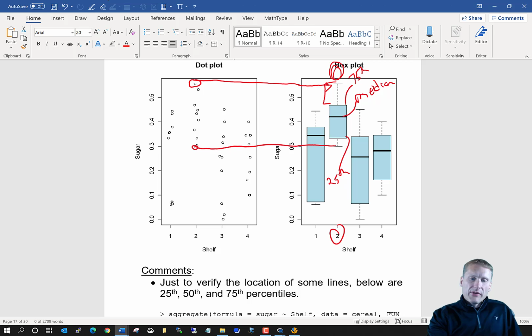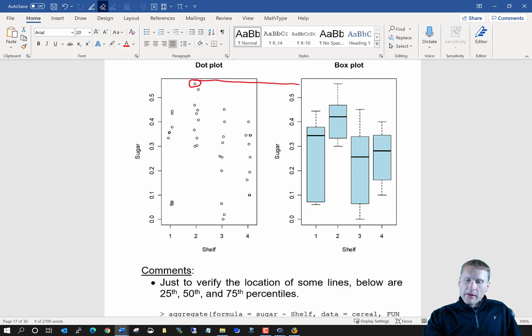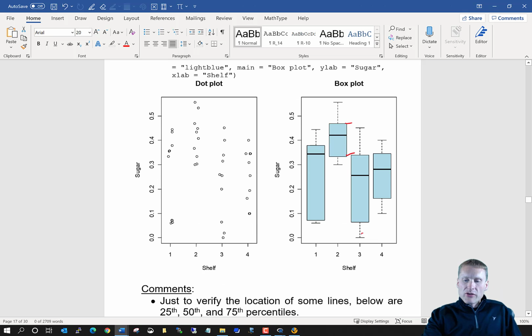And so what we see here in this diagram is, notice how the center of most of the data points, again between the 25th and 75th percentiles, is shifted up in comparison to shelf 3, 4, and 1.